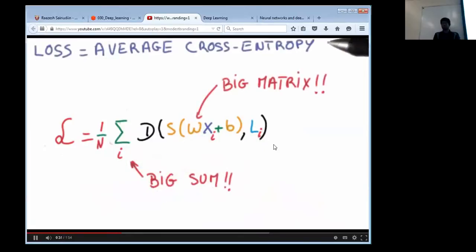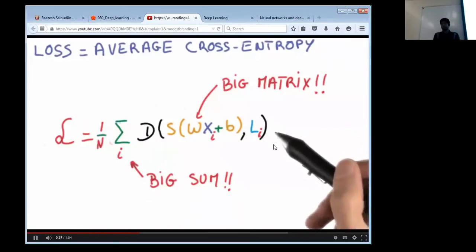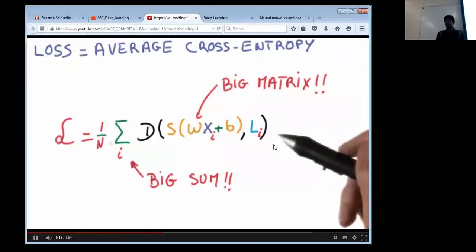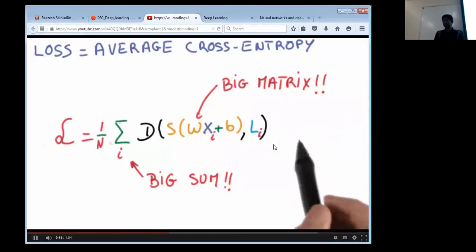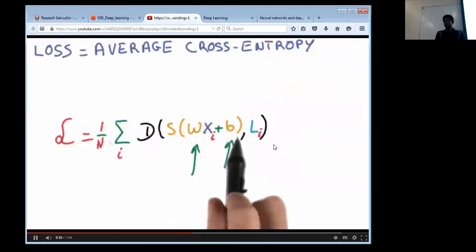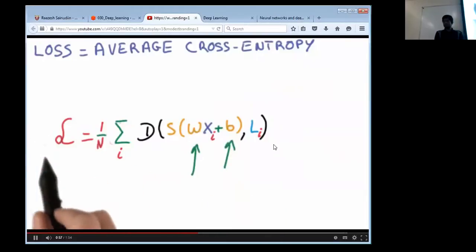This loss, which is the average cross entropy over your entire training set, is one humongous function. Every example in your training set gets multiplied by this one big matrix W, and then they get all added up in one big sum. We want all the distances to be small, which would mean we're doing a good job at classifying every example in the training data. So we want the loss to be small. The loss is a function of the weights and the biases. So we're simply going to try and minimize that function.